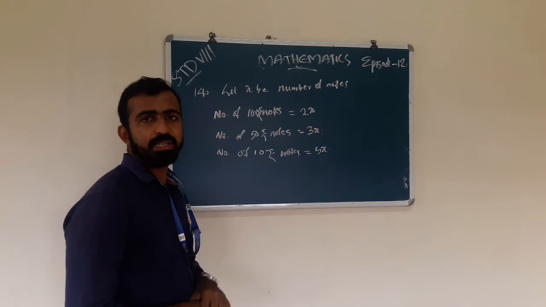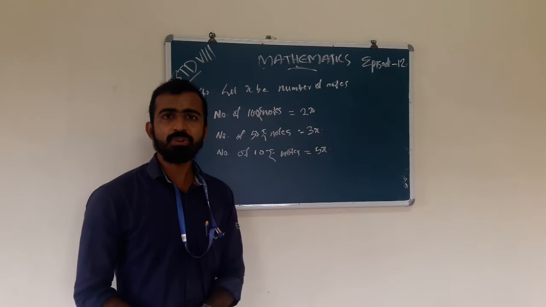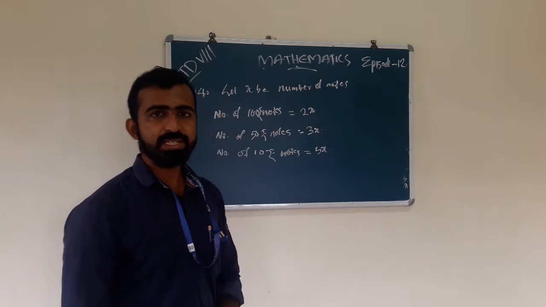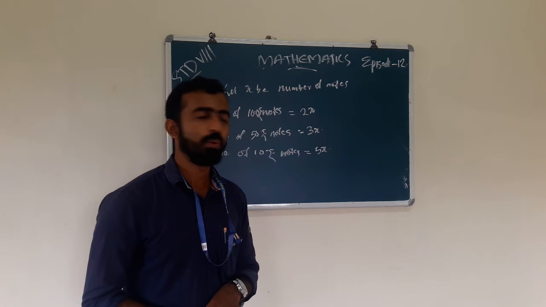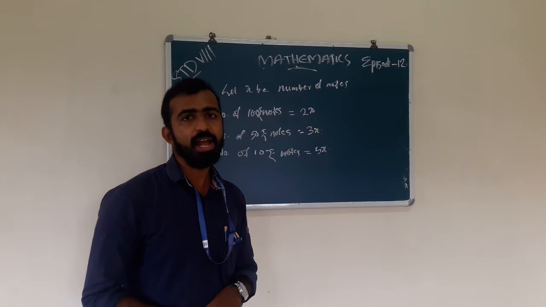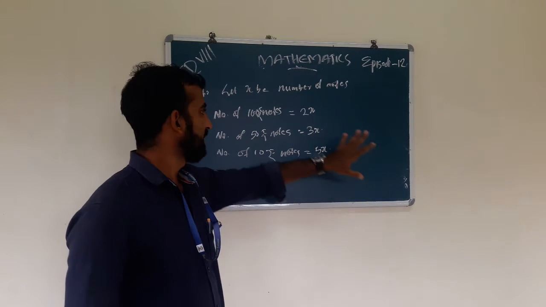Why do I write like this? What is the reason? Because, according to the question, the ratio is 2:3:5 for 100 rupees, 50 rupees and 10 rupees.